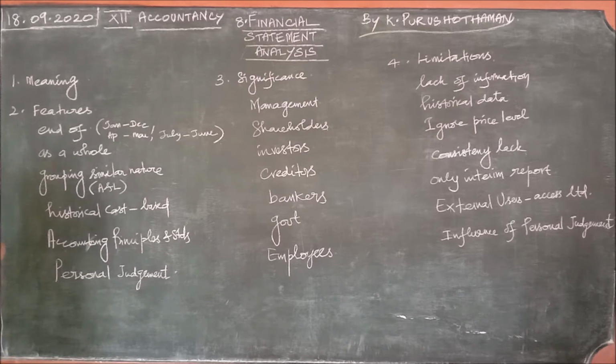In addition to that, we fix some rules. Say for example, traditionally the sun rises in the east and sets in the west. Why? Who told you? No, we are traditionally following it. Our forefathers told us the sun rises in the east.